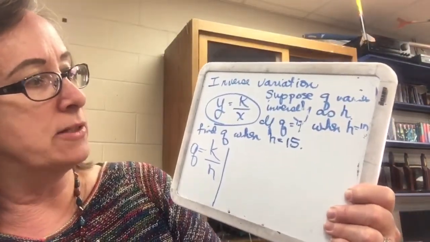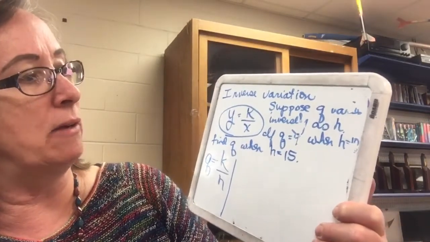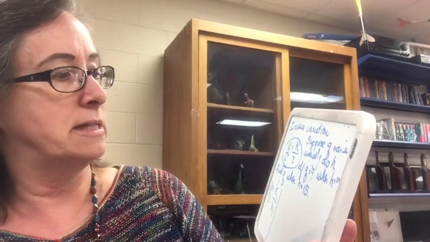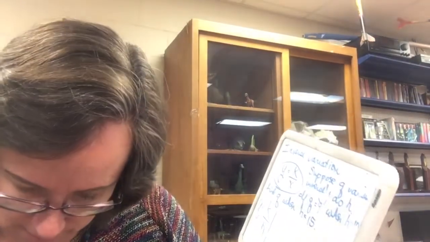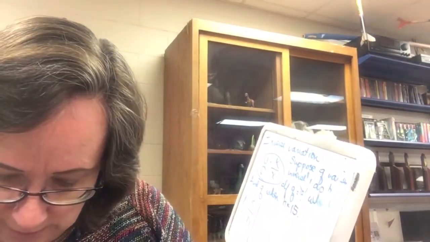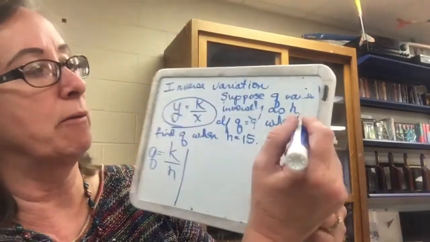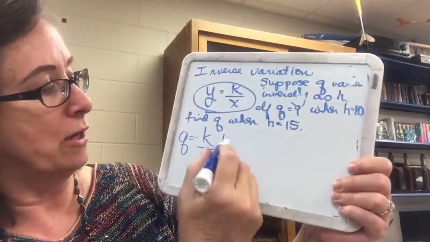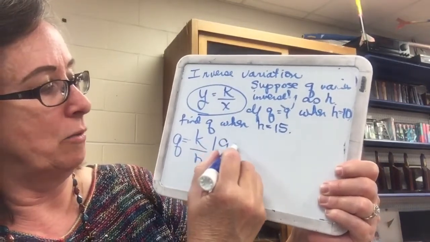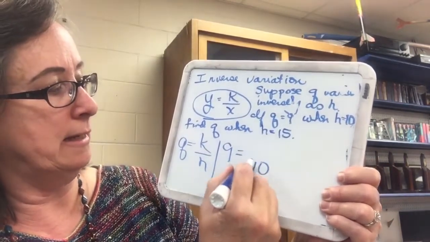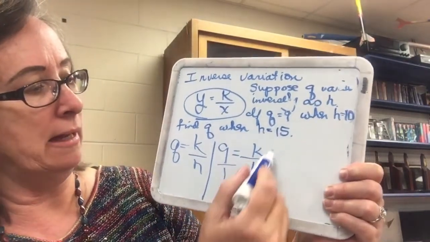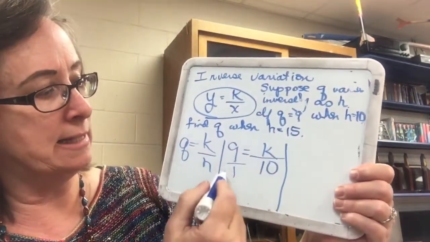Okay, if q is 9 when h is 10, then if I cross multiply, my k is 90.